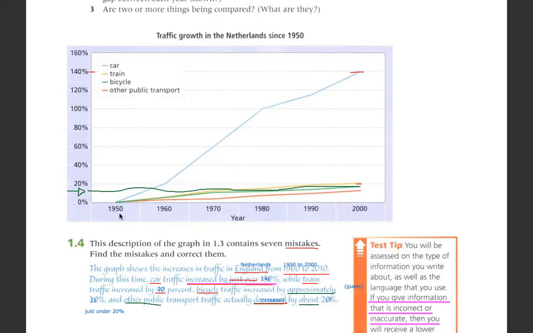We can see that it hasn't decreased because it started at 0 and it ended at 10. So this is an increase by about 10%. So both of these words are correct for making guesses. Okay, so well done. We're just looking at how to report, how to write about the information in an accurate way. So if you have to make a guess, that's fine. Use these words, but try and make the guess as accurate as possible. Okay.